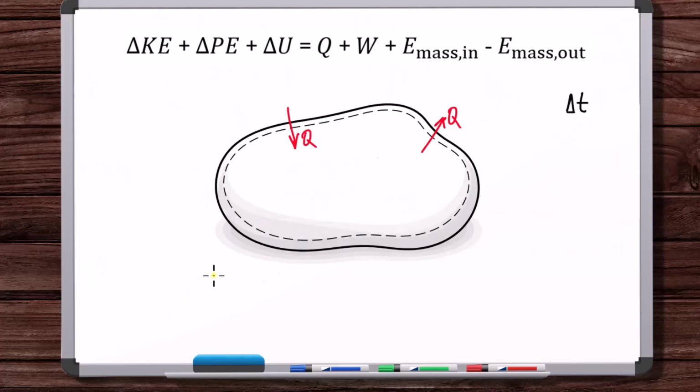Because again, the dimensions of energy is a mass times a length squared divided by a time squared. All energy, no matter what form, all energy in the universe is fundamentally a mass times a length squared divided by a time squared.